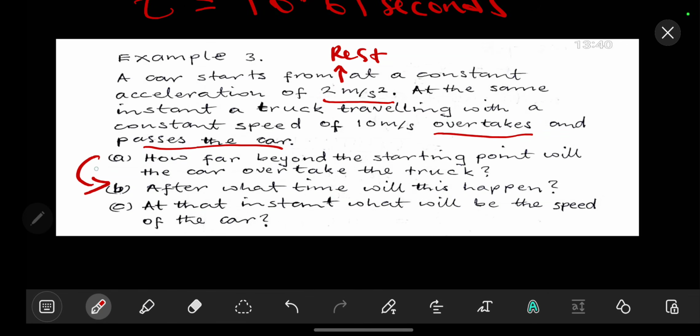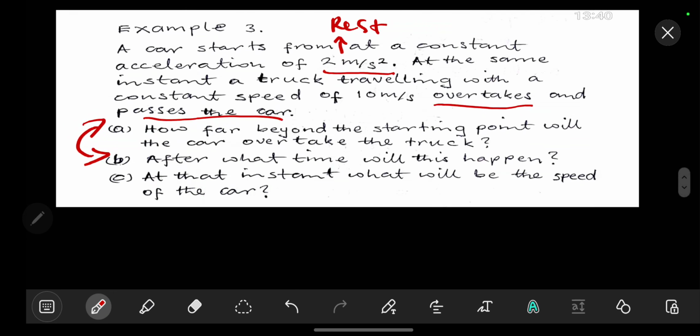So now these questions can be solved together interchangeably. So the second part says, after how much time will this happen? So to answer this question, using the same formula, we are looking at time. So we are going to use our same formula.